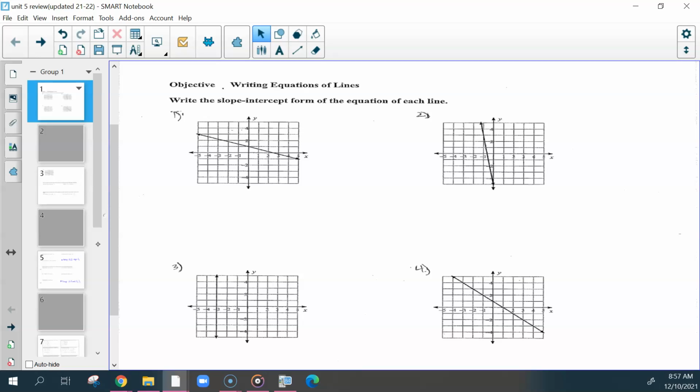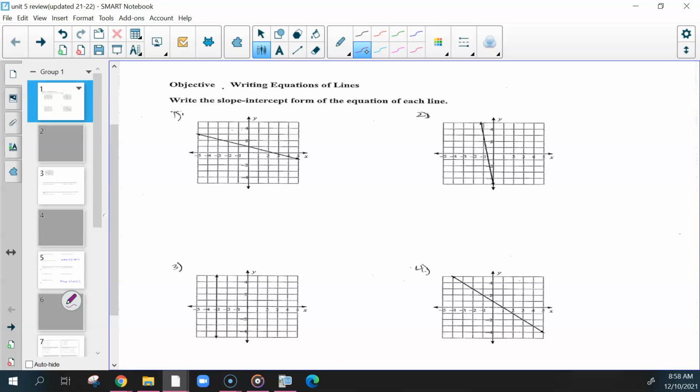So we're going to do number 2. With number 2, because we are writing the slope-intercept form of the equation from this graph, we need to find the slope and find the y-intercept.